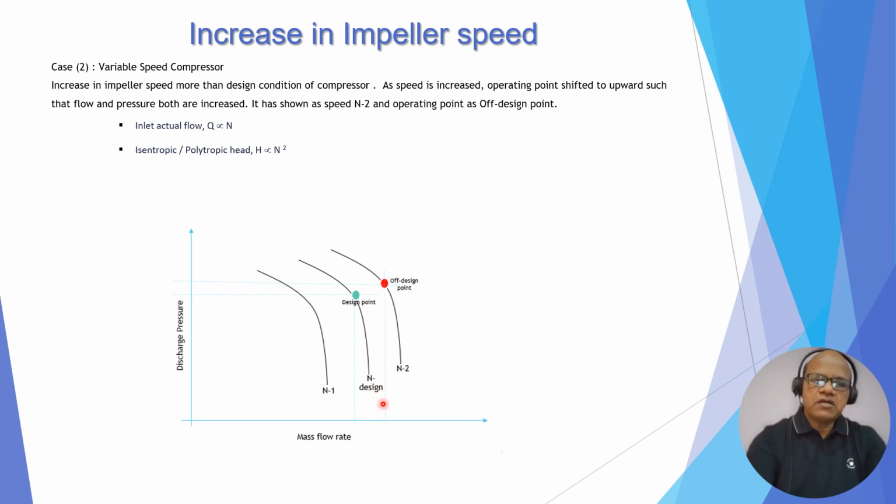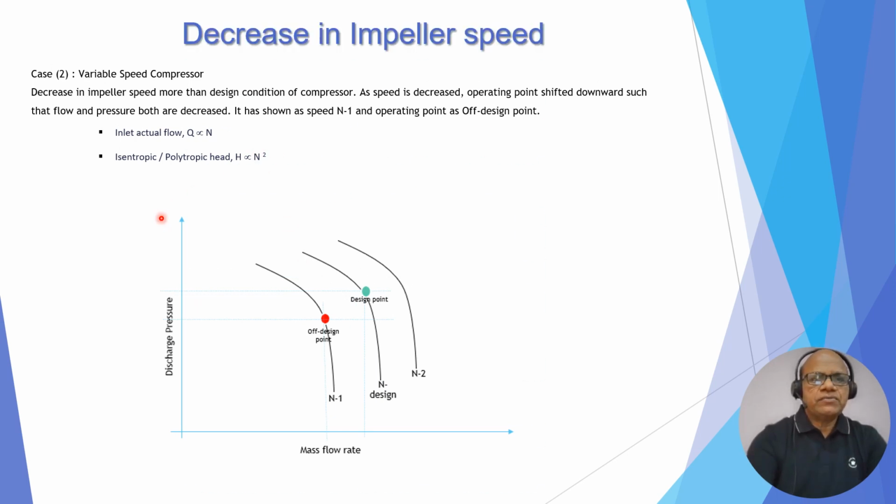So now this is the operating point because of increase of speed, because Q is proportional to N, H is proportional to N square. So now more flow and more pressure as compared to design because the speed has increased. So now it is following the N2 curve, which is higher than N design.